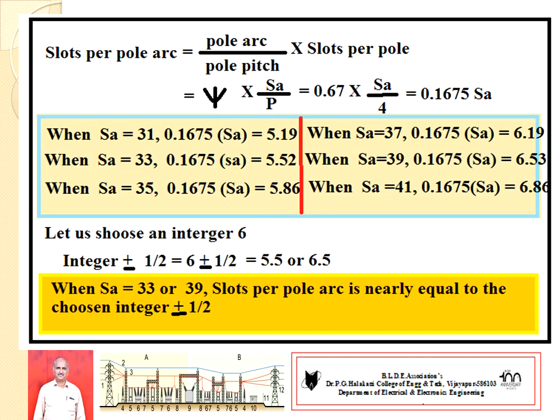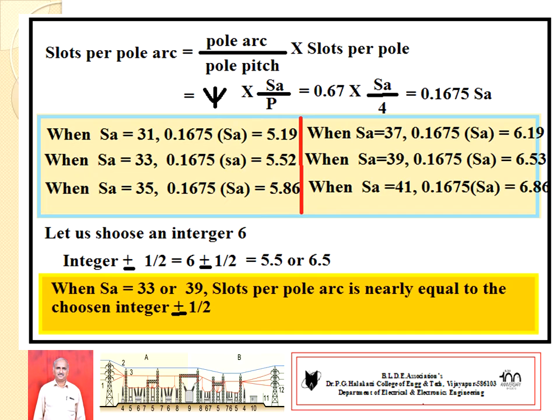SA is the slots, P is the number of poles. So, this becomes pole arc to pole pitch, standard value is 0.67 times SA divided by 4, where 4 is number of poles. So, finally, this expression becomes 0.1675 times SA.